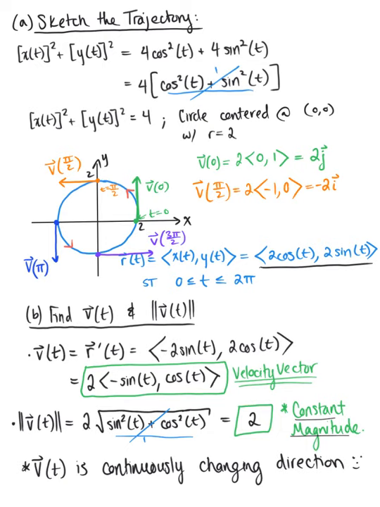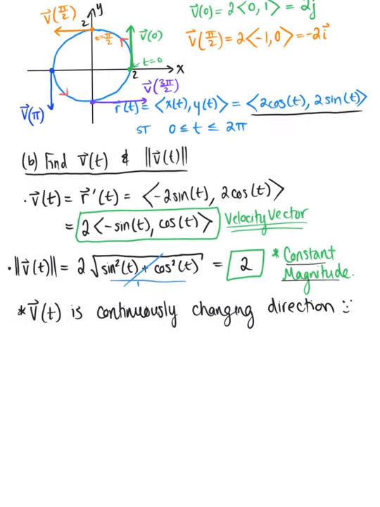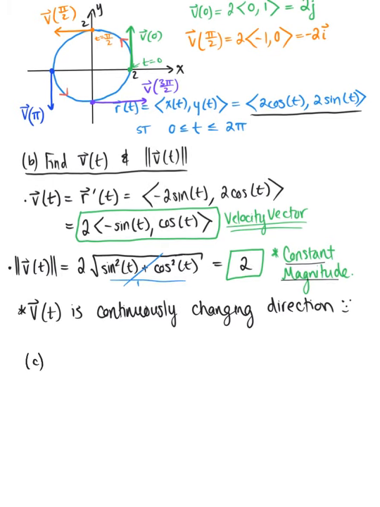All right, so last but not least, we now need to go ahead and find the acceleration. So part C, we want to find the acceleration vector, vector a of t. And we can recall that the acceleration vector is, of course, the rate of change of your velocity vector.